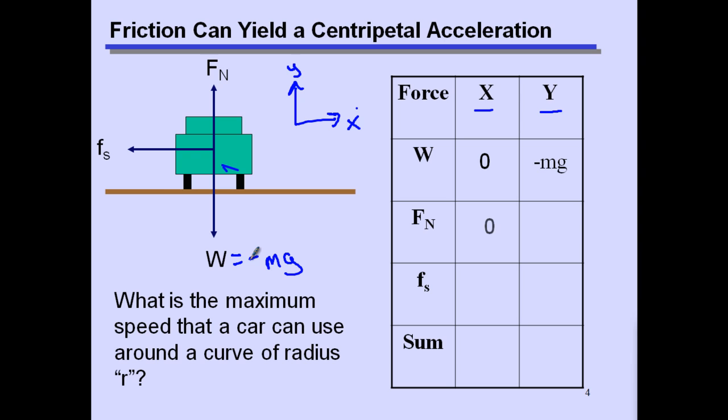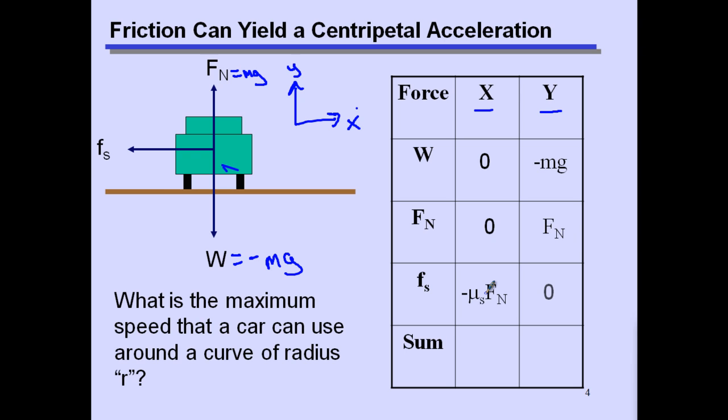Normal force, x direction, 0. Normal force, y direction, F sub n. Should we set up our Newton's second law problems, we're going to find out that this just equals mg. Our frictional force is only in the x direction, and it's going to the left in this case, so that's why we have the negative mu sub s, whatever the coefficient of static friction is, times that normal force.